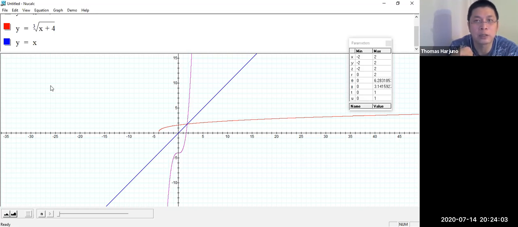Even though, yes, something is missing from the red one there. We have these tails missing. So doing inversing will swap the role of x becomes y, the role of y becomes x.